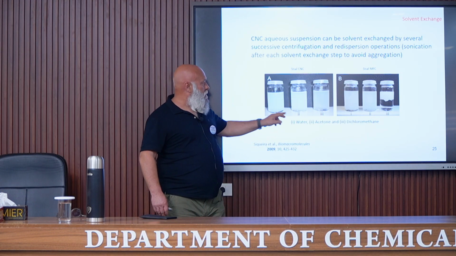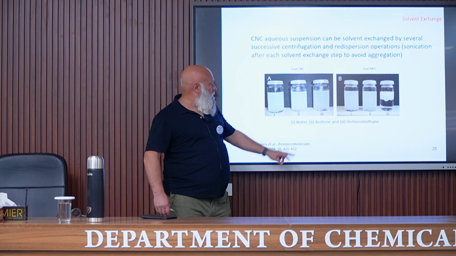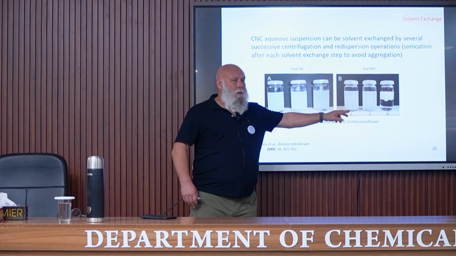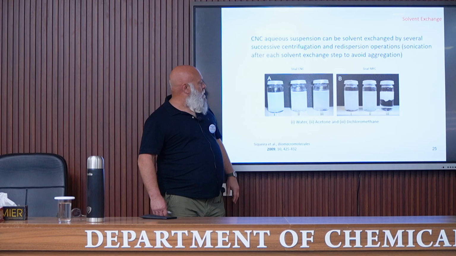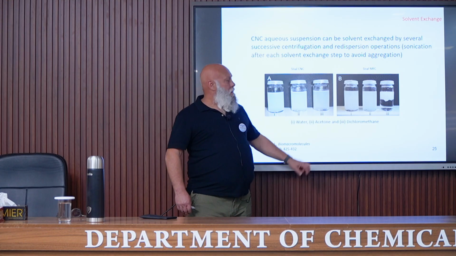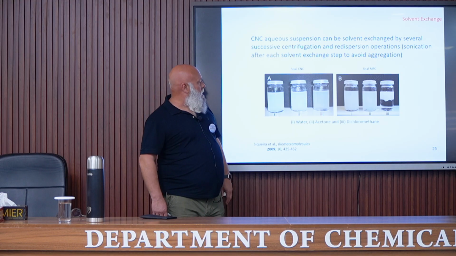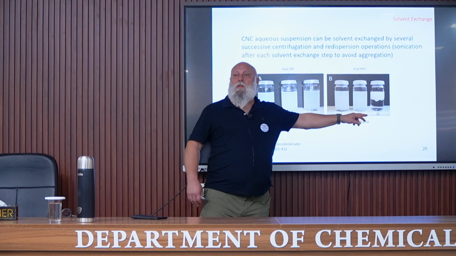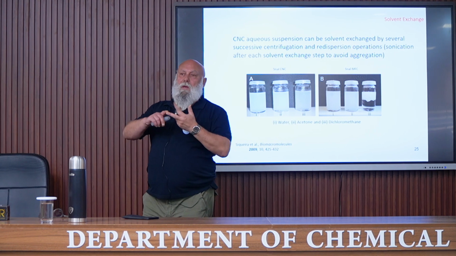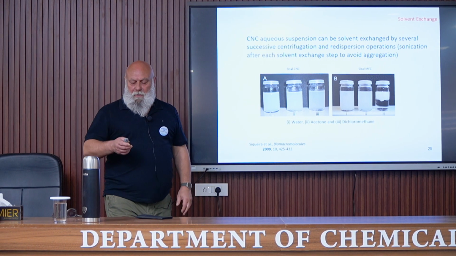In water, stable suspension, acetone, the suspension is also stable. Dichloromethane, it is less stable, but it is more or less stable for nanocrystals, but not for nanofibrils, probably because of entanglements between the flexible filaments.